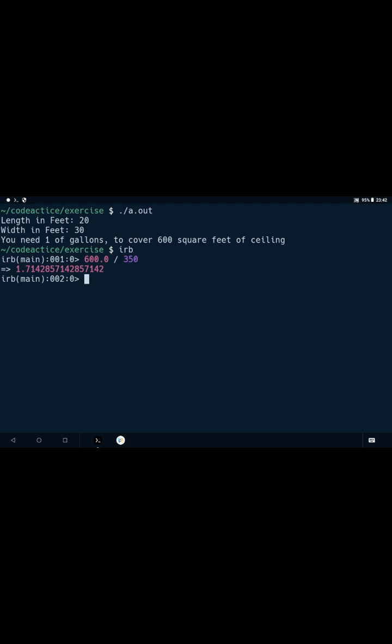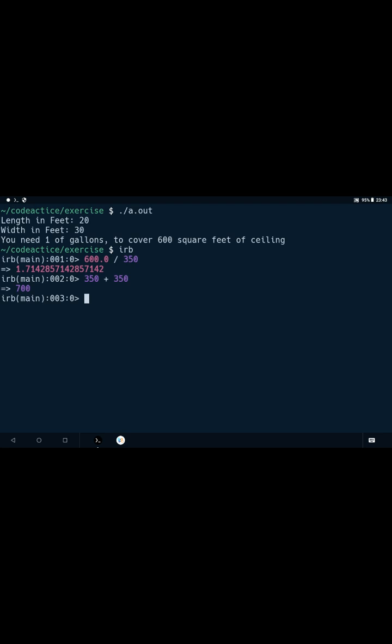Okay, so we should be looking at 2 gallons of paint to cover 600 square feet approximately, because 350 times 2 is 700.